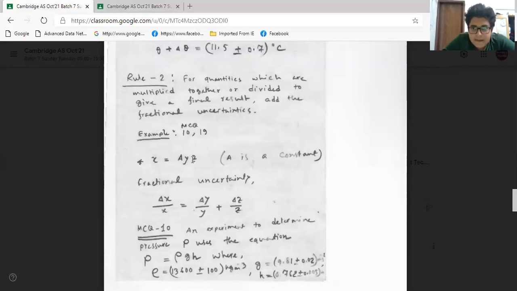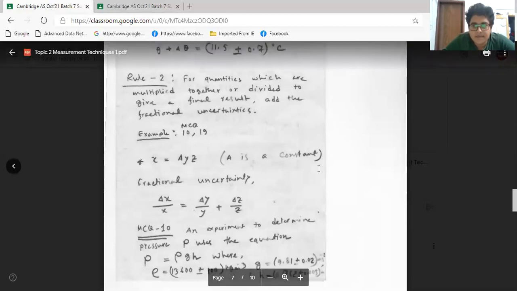You multiplied yz to get x, isn't it? So to get the fractional uncertainty of x, you have to add the fractional uncertainties of y and z. Is it clear? I am showing you some examples afterwards, then you'll understand it more.